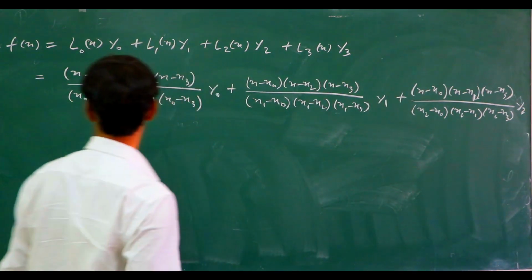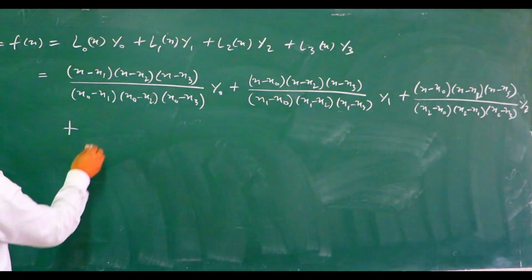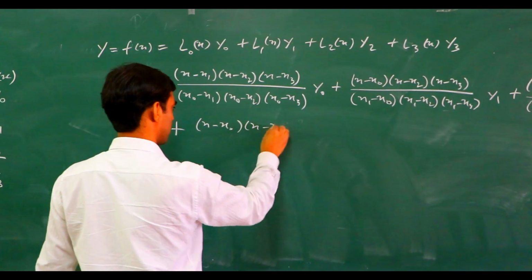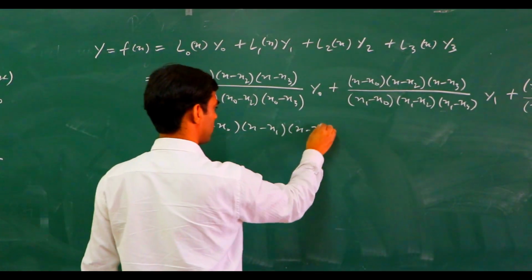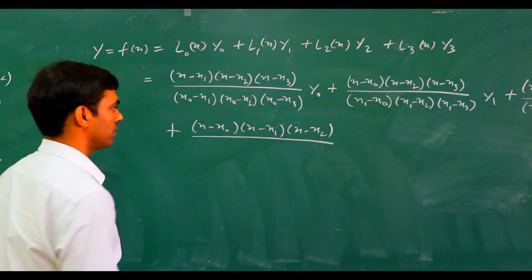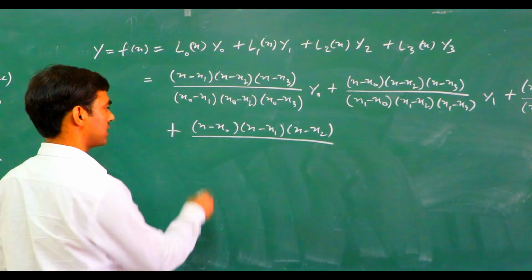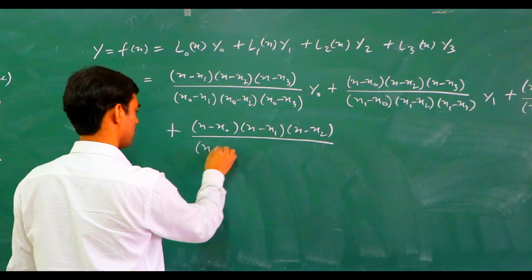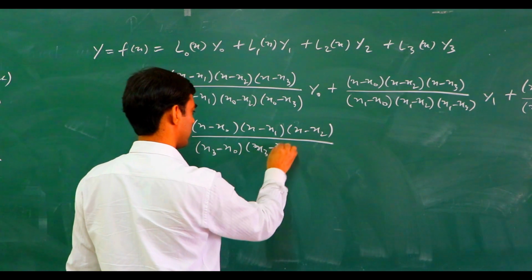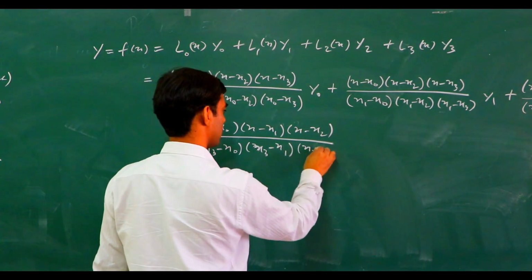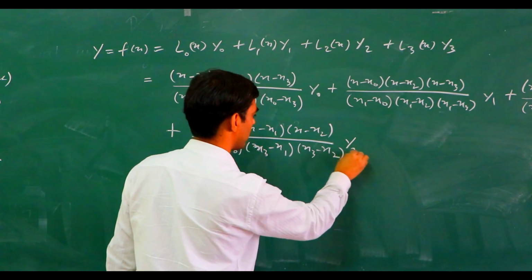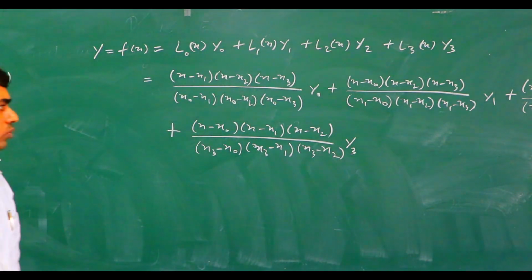And the last term is (x minus x0)(x minus x1)(x minus x2) divided by (x3 minus x0)(x3 minus x1)(x3 minus x2), into y3.